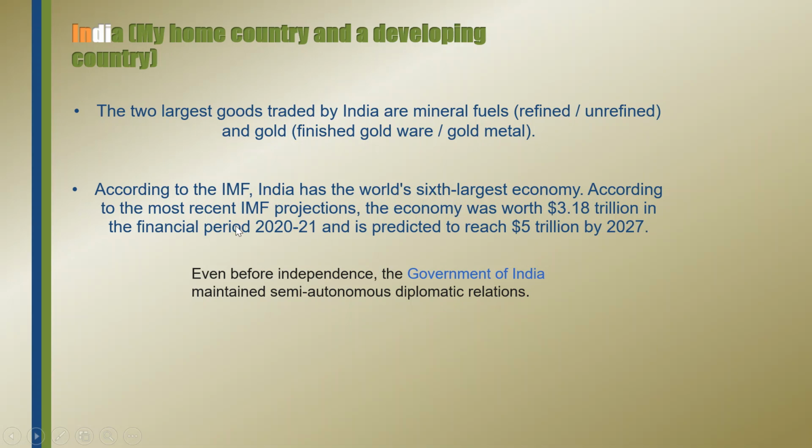According to the most recent IMF projections, the economy was about $3.8 trillion in the financial period 2020 to 2021 and is predicted to reach 5 trillion by 2027. Even before independence, the government of India maintained semi-autonomous diplomatic relations.